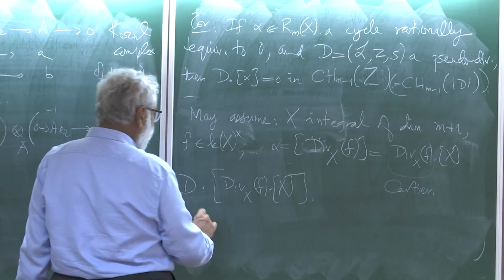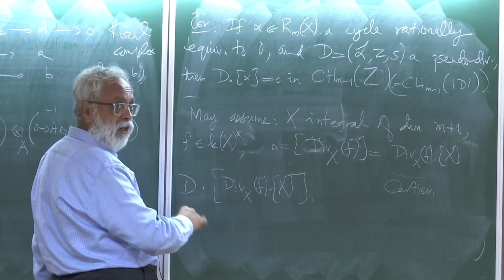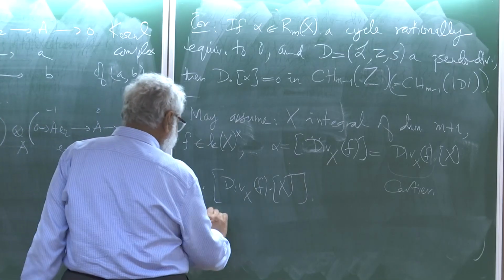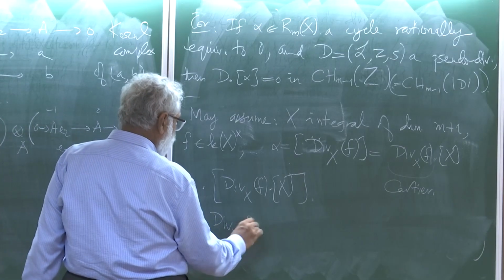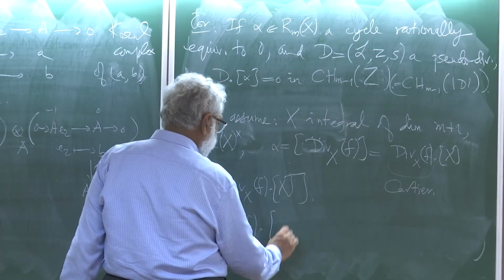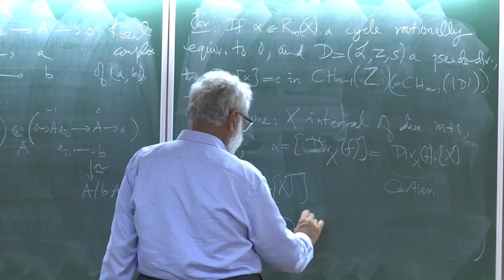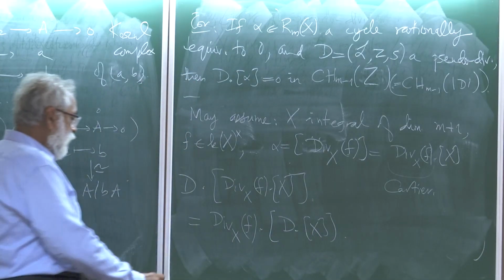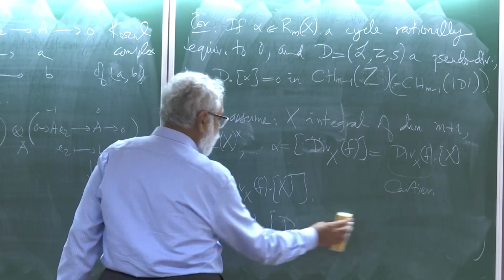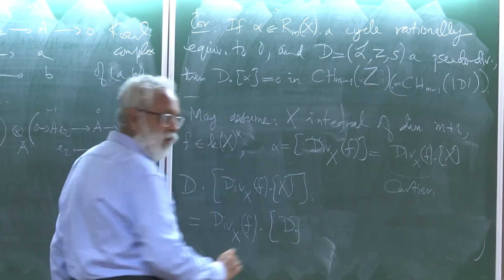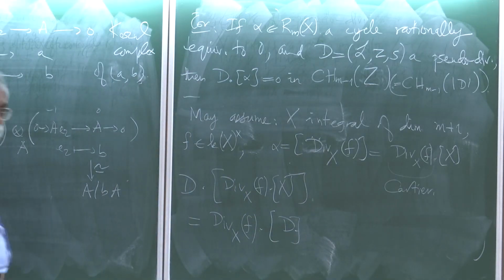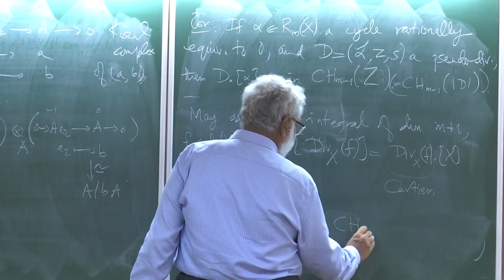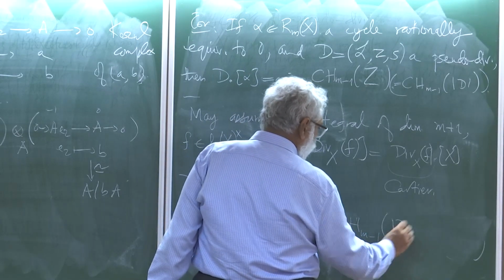But according to our commutativity, which we stated and I proved in the easiest case, this is the same as div_x f dot D dot x. But now let me just not bother with writing it like this, let me just write it like this. The same thing. But now this is some element in Chow m minus 1 of mod D.